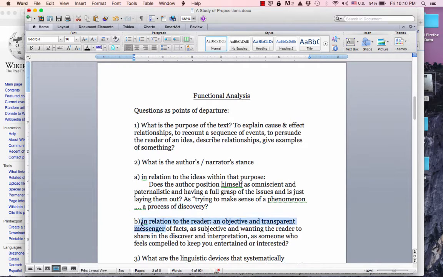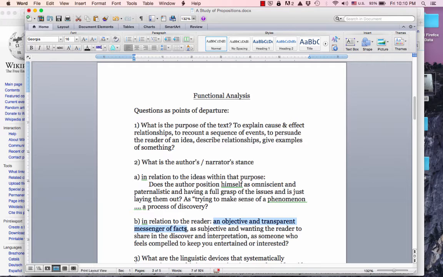And then when we focus on the relationship with the reader, does the author pose him or herself as an objective and transparent messenger of facts, like we might expect to find definitely in science textbooks, and to what degree in history textbooks? Are the facts just the facts? Is history the way it is?